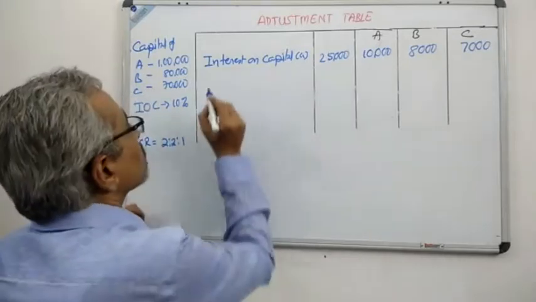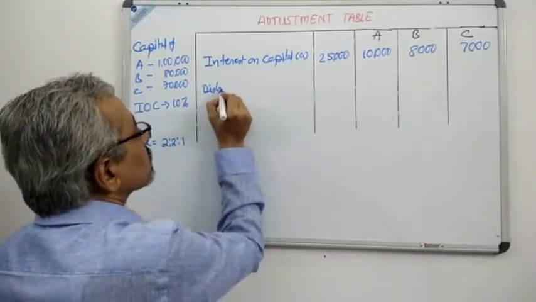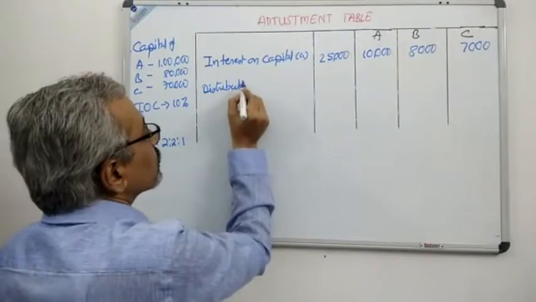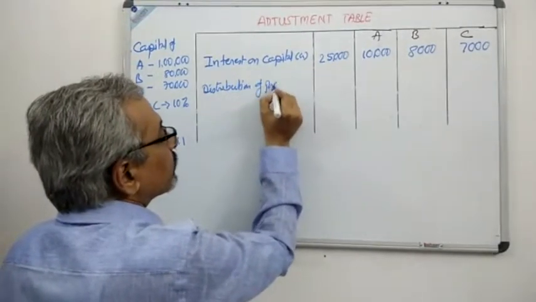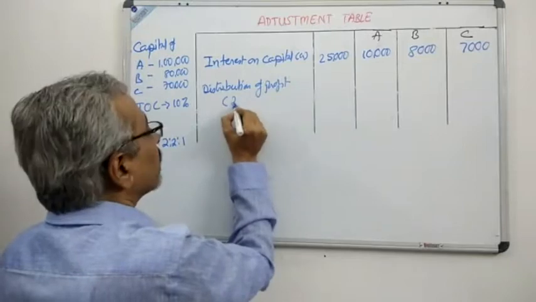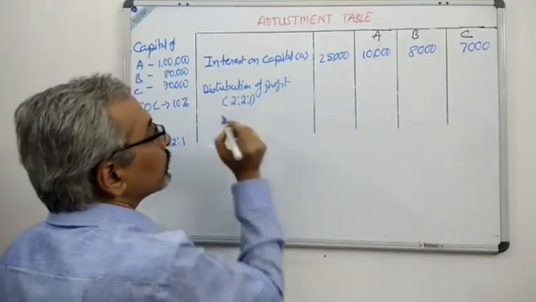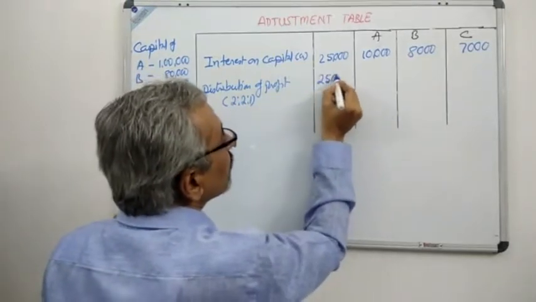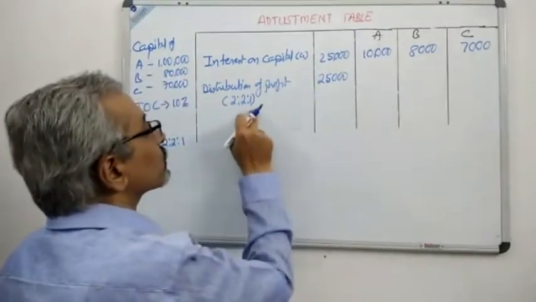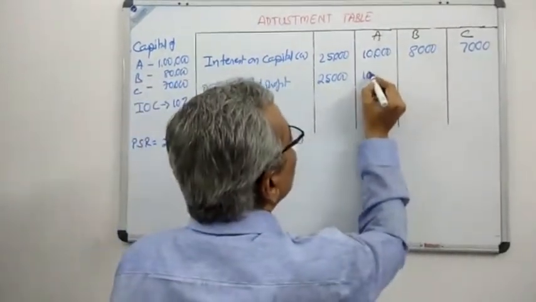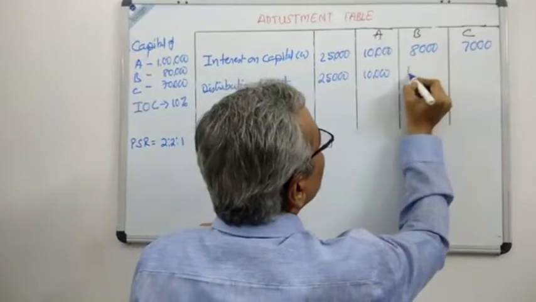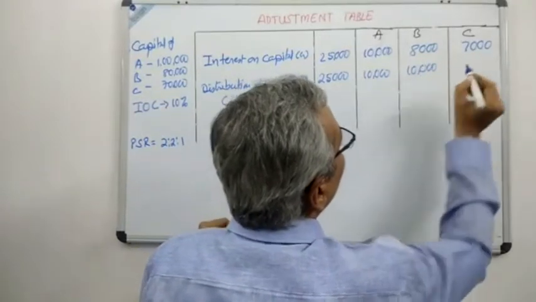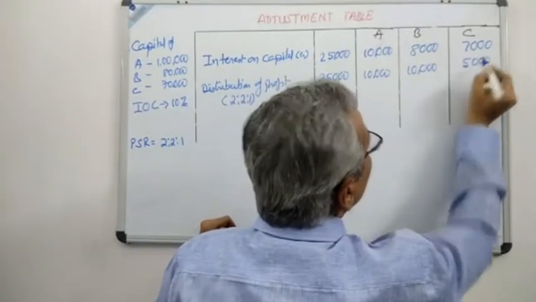Now what is the distribution of profit? Since this has been ignored, and what is the ratio? 2:2:1. So 25,000 is distributed in the ratio of 2:2:1: 10,000 to the first partner, 10,000 to the second partner, and 5,000 to the third partner.